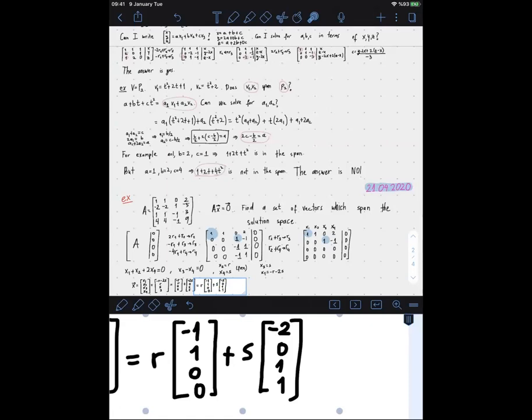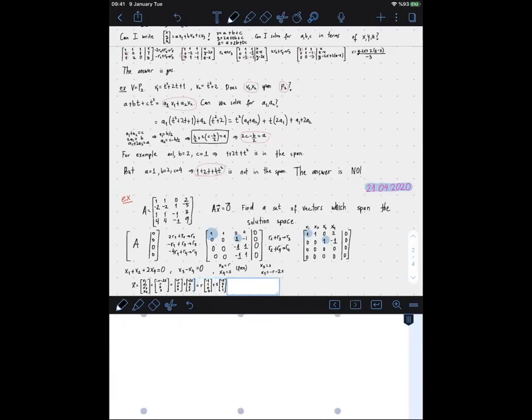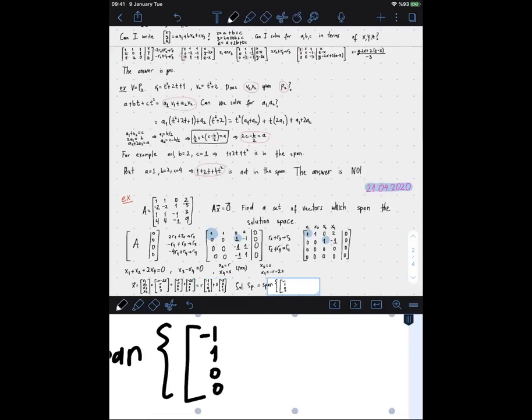So let's write this answer. The solution space is the span of these two vectors, minus 1, 1, 0, 0, and minus 2, 0, 1, and 1.